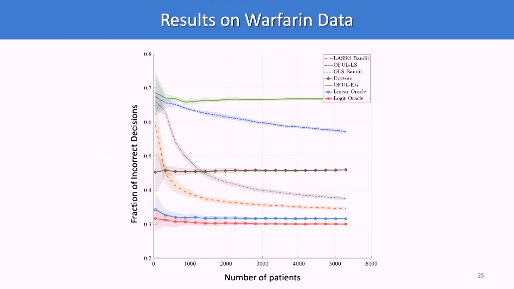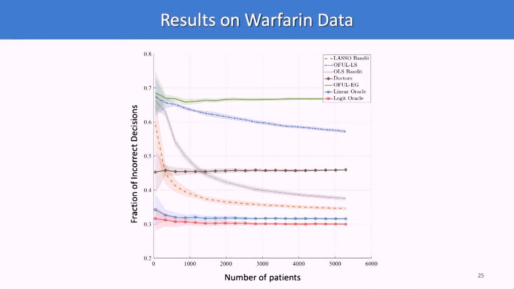Look at the x-axis. Imagine we are running the experiment and patients arrive to us one by one. And the y-axis is the fraction of mistakes we make. A patient comes in, we put them on a certain dose bucket, and we observe the outcome. Then we update our model and make a better decision for the next patient. So we're going to make mistakes initially, and then the number of mistakes will go down.